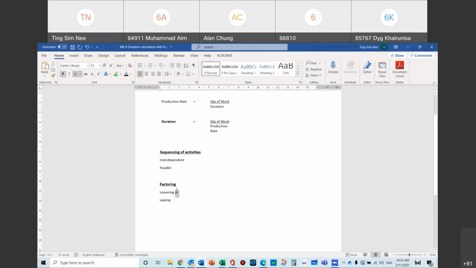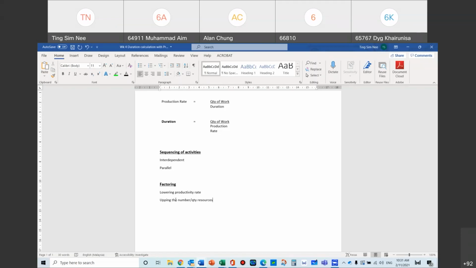So lowering down productivity rate, or upping the number or the quantity of resources. So if we just go by understanding, factoring will usually be something we do for understanding of our resources. We worked with this group of people before. We know our machineries, whether they really can do what it says it can do, or whether you want to add more time to it.